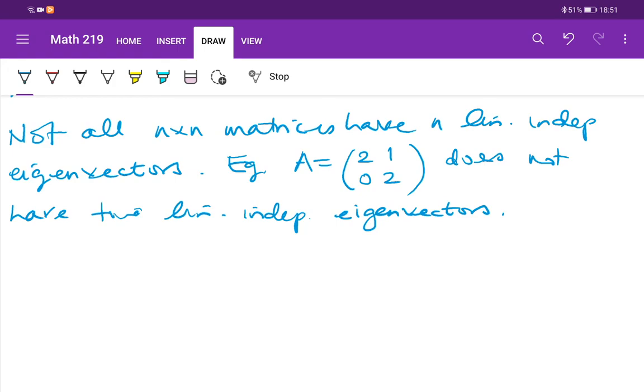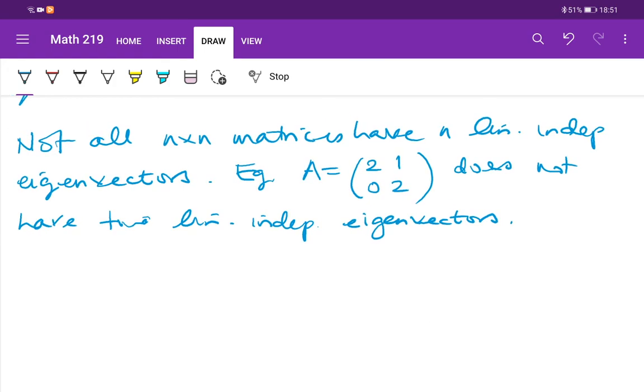Okay. So when do matrices have n linearly independent eigenvectors? Here's a situation where they do.